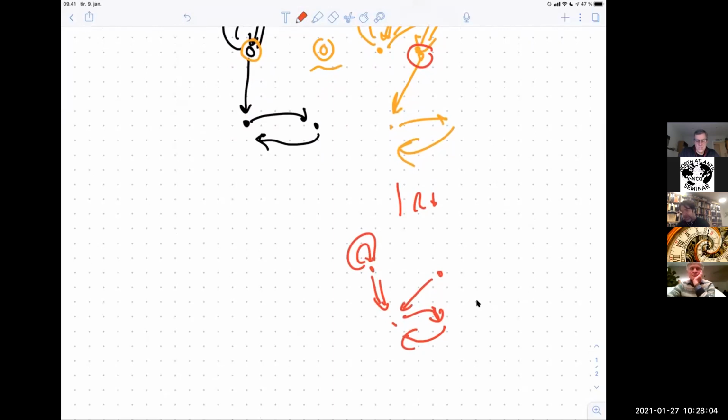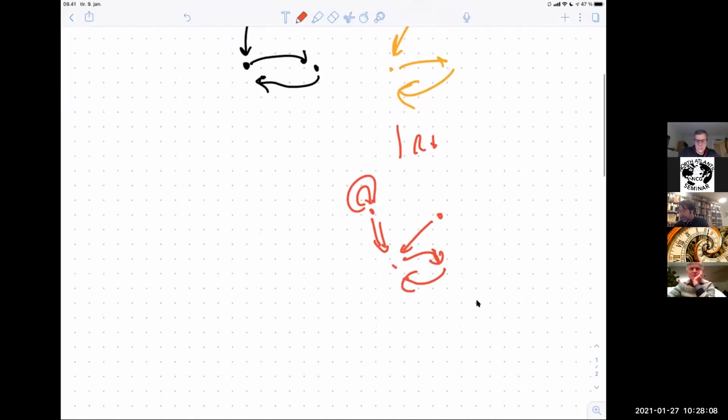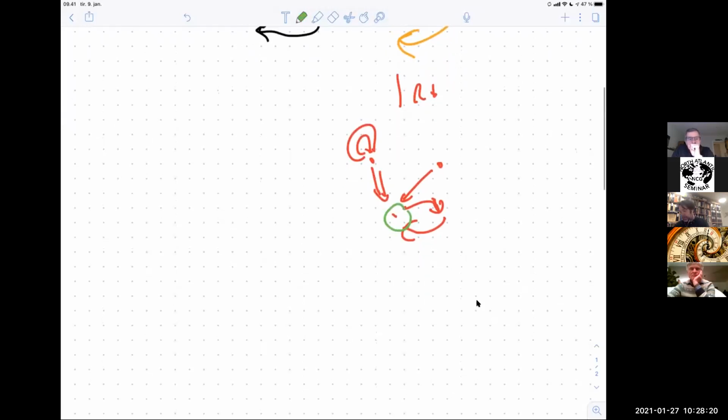Okay, so this is better, but still I have these vertices down here. So there's also something wrong with this vertex because it is regular and it does not support a loop. So what I can do is R plus again.